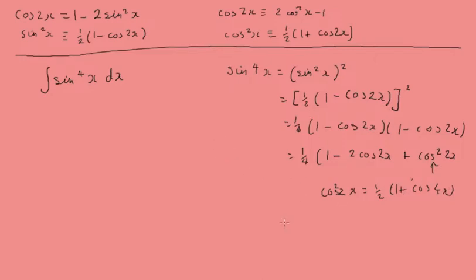So all this gives us a quarter (1 minus 2 cos 2x plus a half plus a half cos 4x).